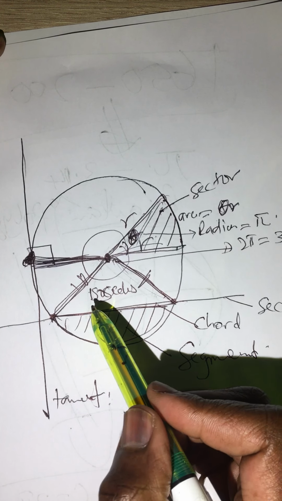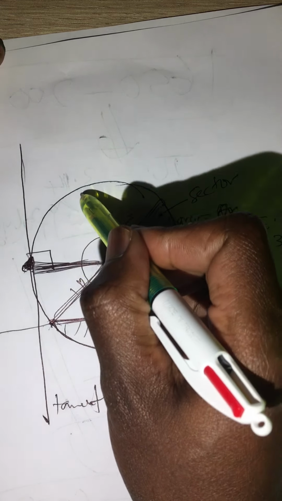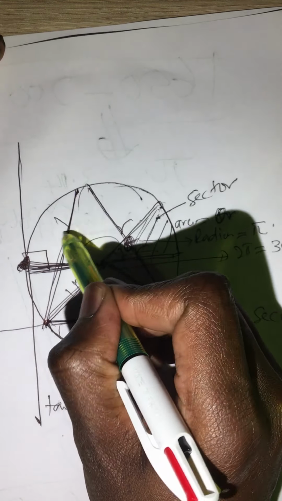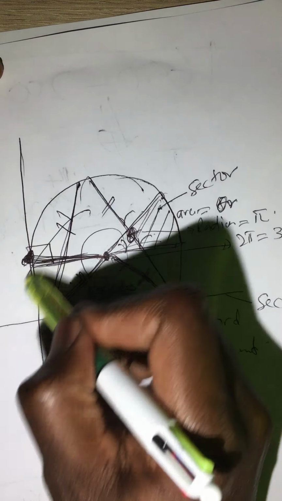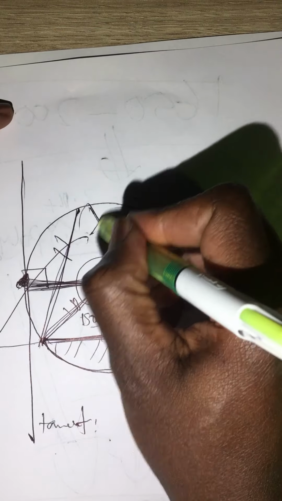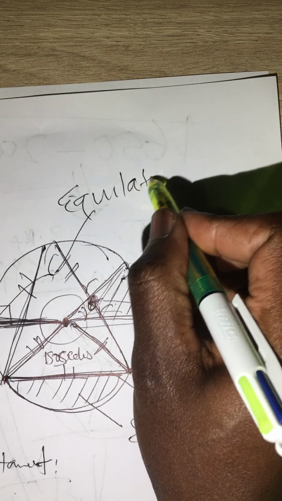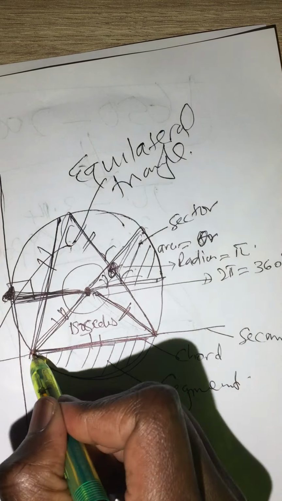A circle can also define a different kind of triangle. Let's say this chord length is the same as the chord length there, and is the same as the chord length there, so that we have equal sides of the triangle, and this will give us what is known as an equilateral triangle defined by this circle.